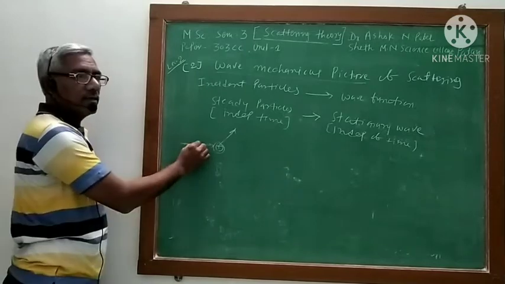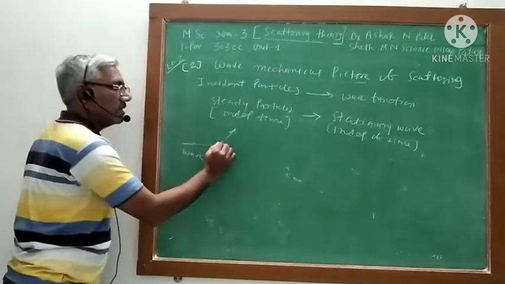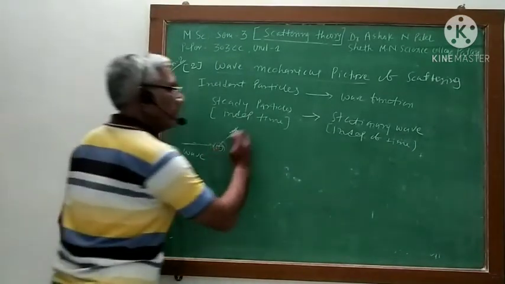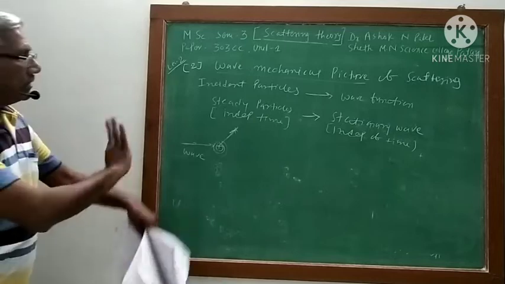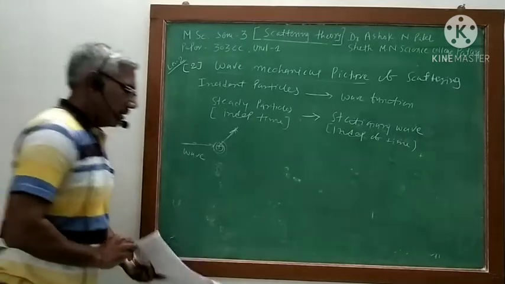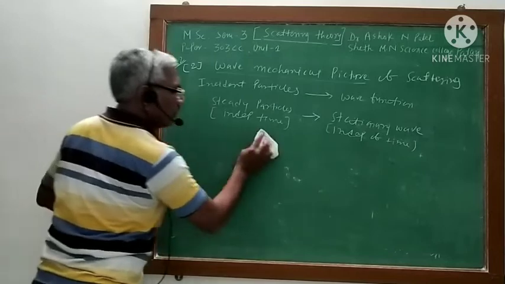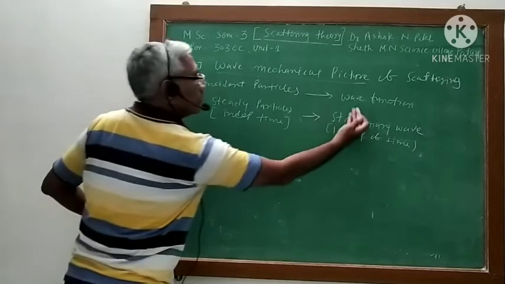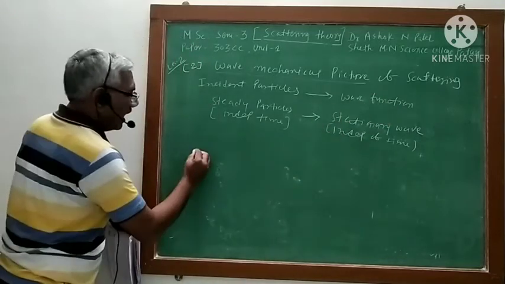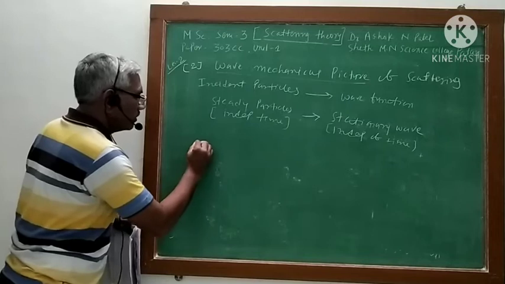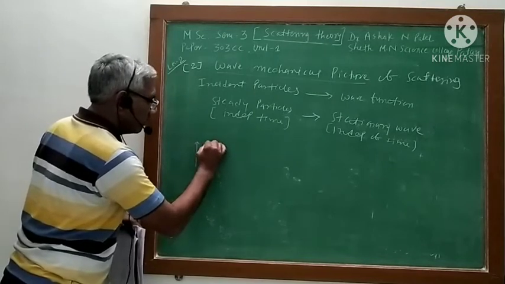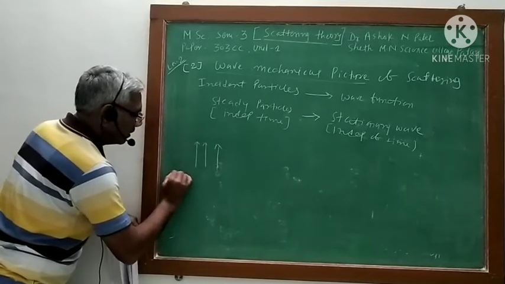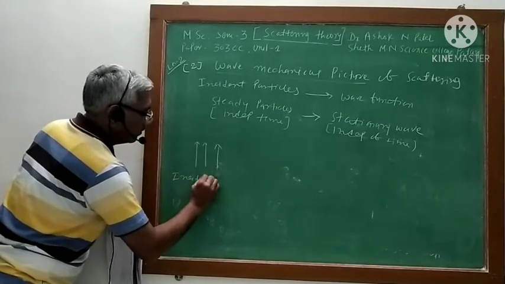So incident waves are there. There is a target and there is a scattered wave. Waves will be scattered. So this is the picture. If you wish, I can draw the figure in a perfect manner. When I say wave function, stationary waves, I represent incident waves not as a particle but as a wave, and that is the incident plane wave.